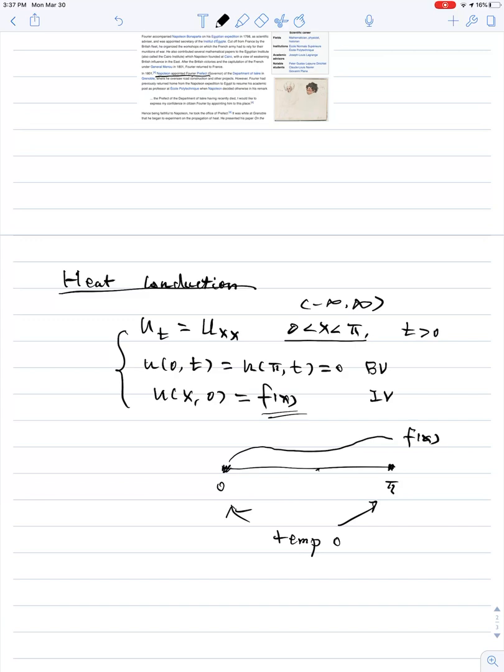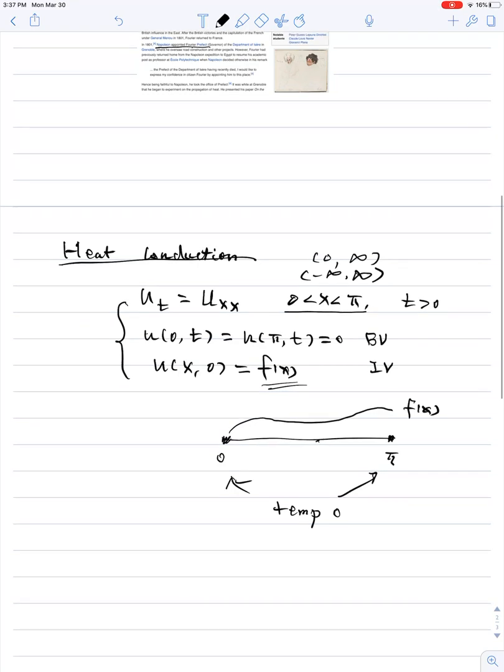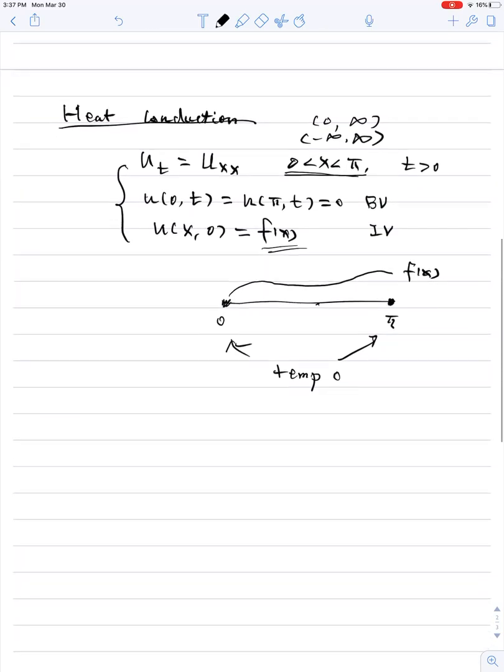We solved this before, and even if the interval is infinite from 0 to infinity, we can still solve the equation using the reflection method. But here, the difficulty is that we have a finite interval, and we assume that the temperature at the endpoints is 0. So let's see.